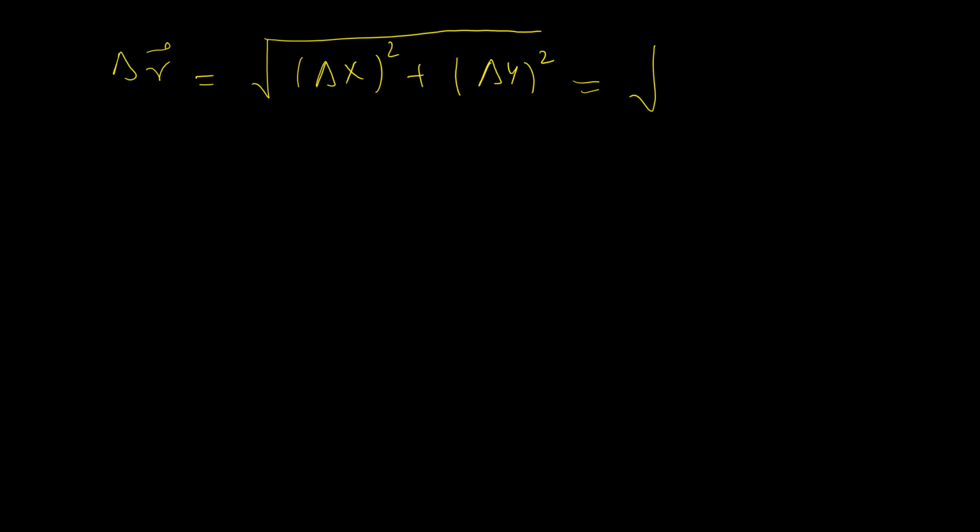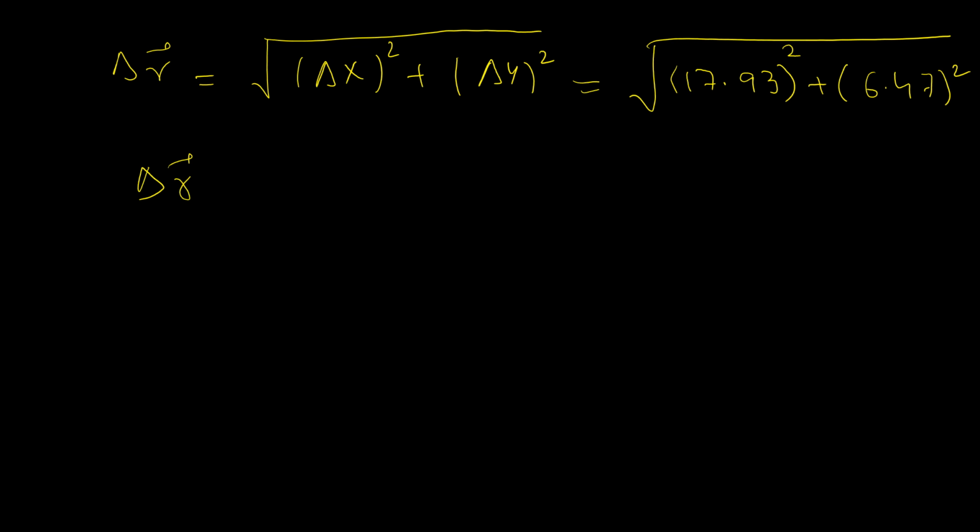Delta x is 17.93, squared, plus delta y was 6.47, squared. So delta r vector, when you calculate this whole thing, comes out to be 19.07 kilometers. So we calculated the total displacement in this case.